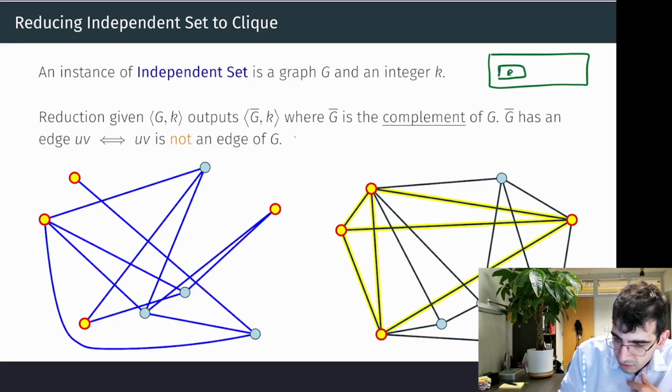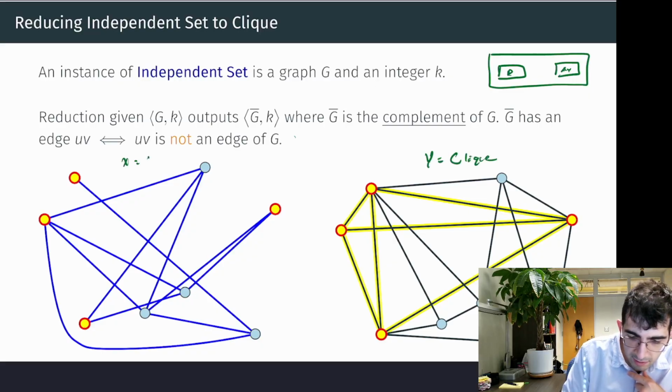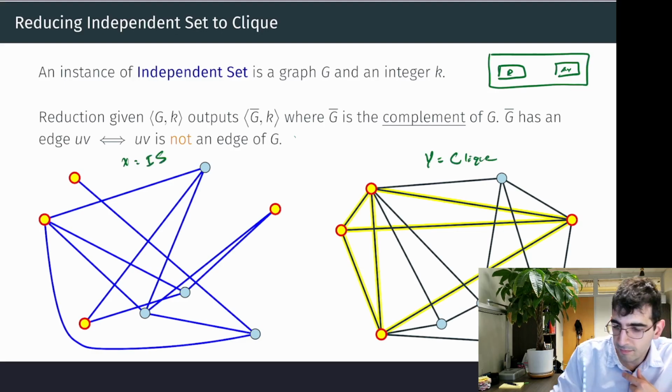So what does our reduction take? We have an algorithm, and we'll call this Y is clique, and X is independent set. Okay?